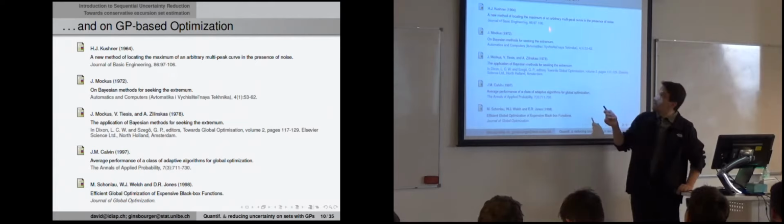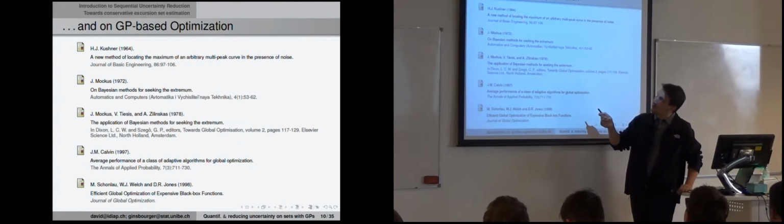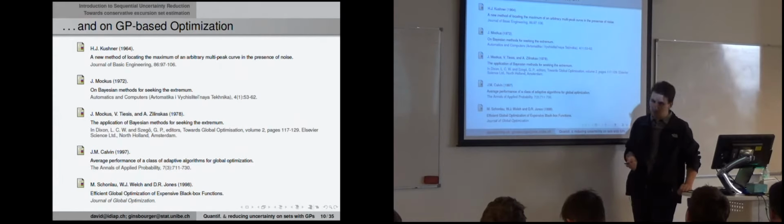About GP-based optimization, the first references also date back a long time ago. In this paper here in '64, they already used some stochastic process prior to perform optimization. Mockus is probably one of the most influential pioneers of Bayesian optimization, together with Zilinskas and others.